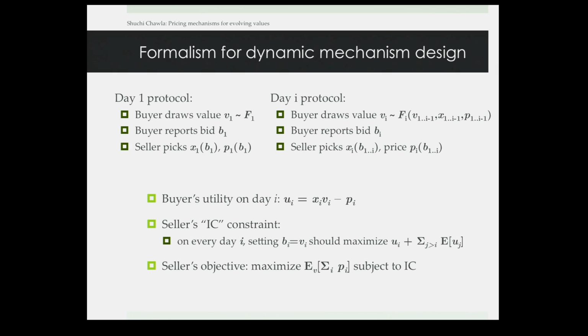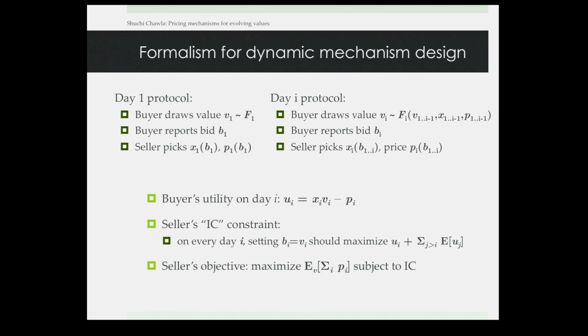Okay. And what are the properties that this mechanism should satisfy? So it again needs to satisfy some kind of incentive constraint. So let's think of the buyer's utility on the ith day. This is this function here. And so the seller's constraint should be that if the buyer looks at his total utility that accrues over time, then this should be maximized.